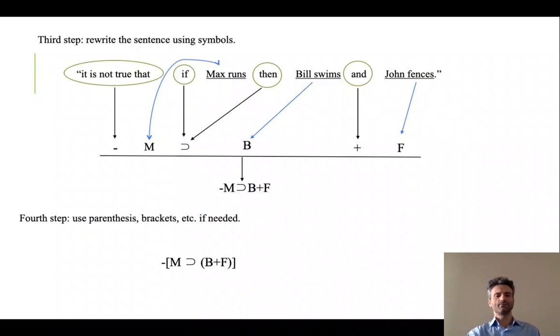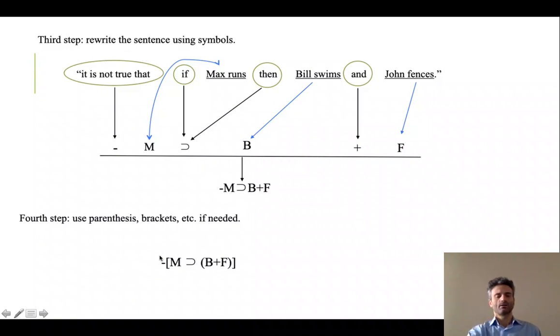And as you can see, we symbolize it this way. I have brackets and parentheses. Now look, for example, B plus F. B plus F go together. Now it is true that B is part of a hypothetical.